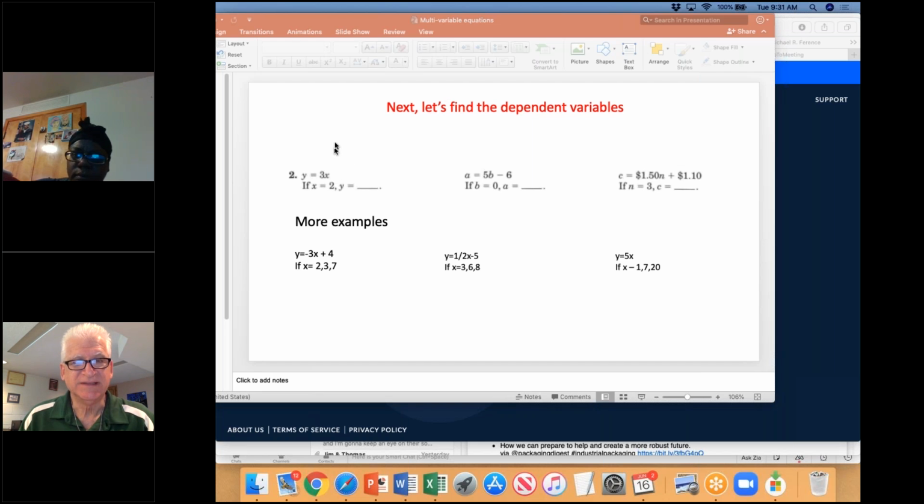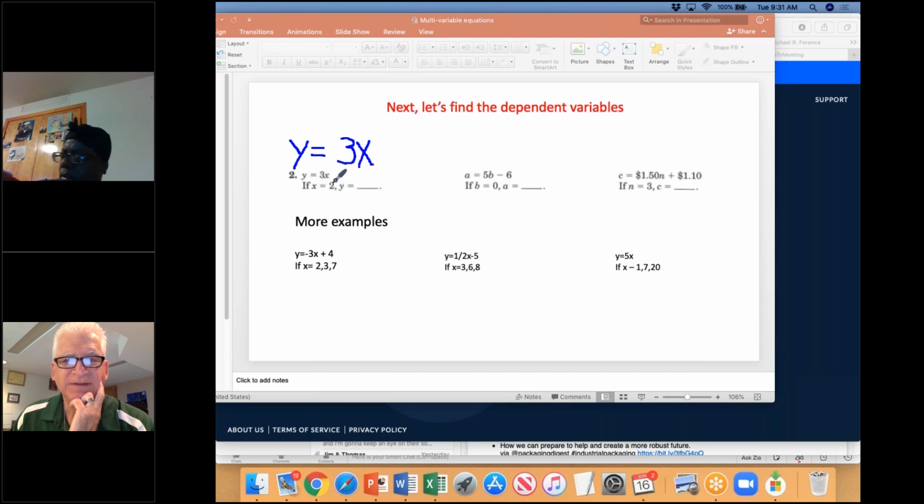Now we'll do some examples. All right, so we're trying to solve for the dependent variable here. Now, this problem here, in case you can't see it, is y equals 3x. Thank you, because I couldn't see that. Okay, and they're telling you that for this problem, let's let x equal 2.